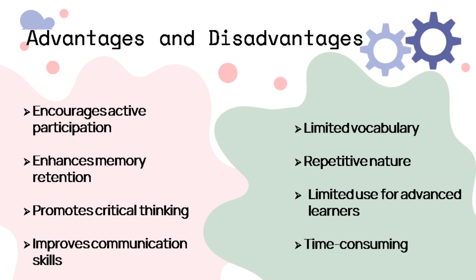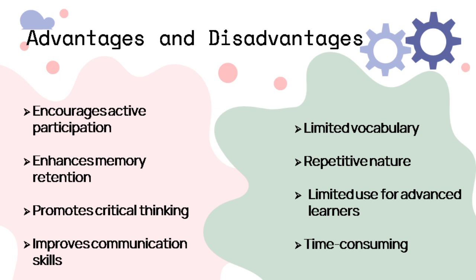They get to interact and engage with their peers in a fun way, which helps build confidence. And then, enhance memory retention. This method helps students to remember key vocabulary and grammar structures by matching them to their corresponding words or phrases. It enables them to make meaningful connections between words, which enhances memory retention.